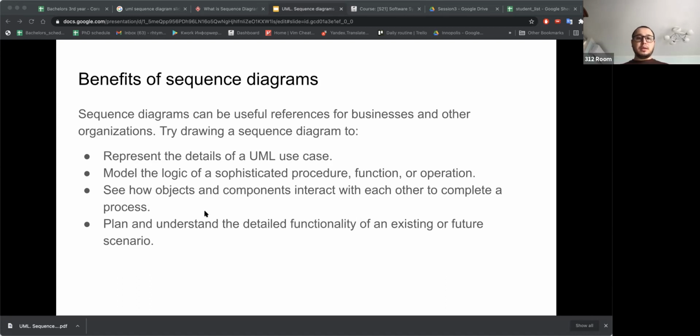You can also introduce another dimension to your system, the time dimension, which we will see in the later slides, and see how objects interact with each other over time. And of course, you can plan and understand the required functionality or features within your system.